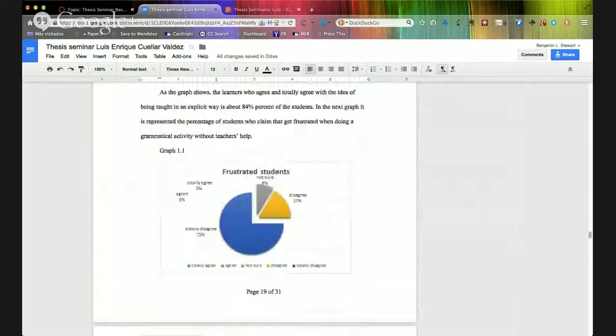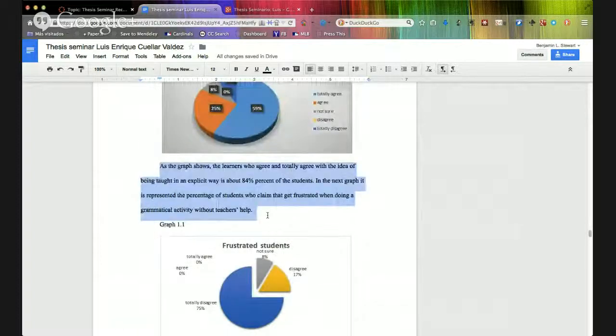Okay, so when you insert graphs, everything that we talked about before about option 1, option 2 applies. So don't kind of gloss over the text. Text is still the root of the paper. The images are to help understand what you're reading. So, like for example, here this paragraph is undeveloped.